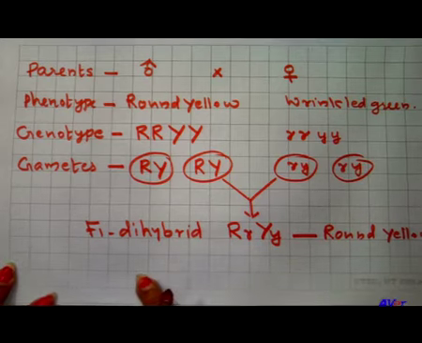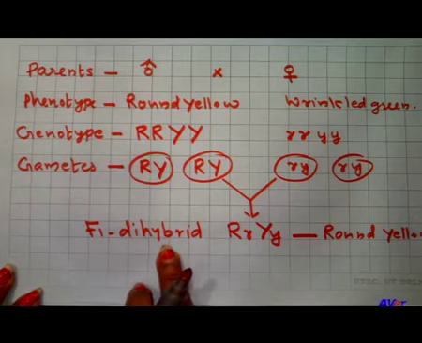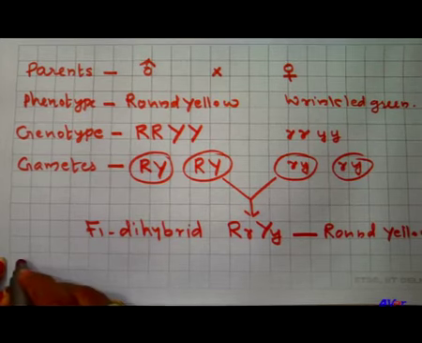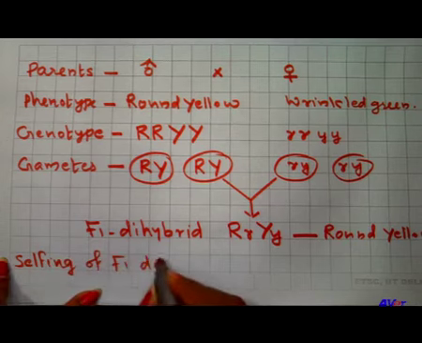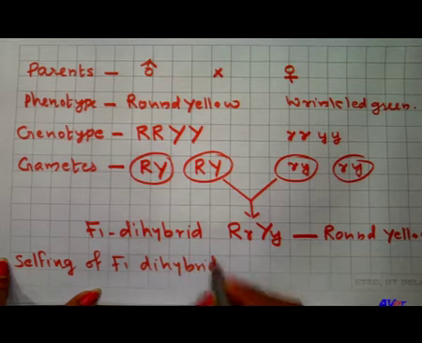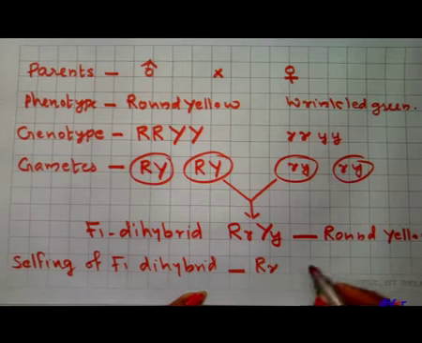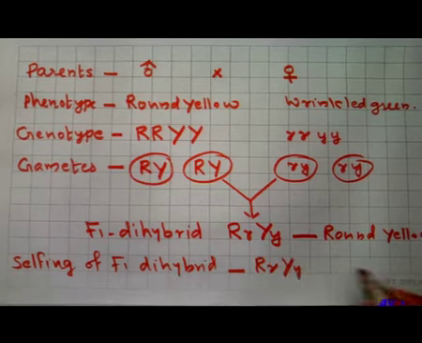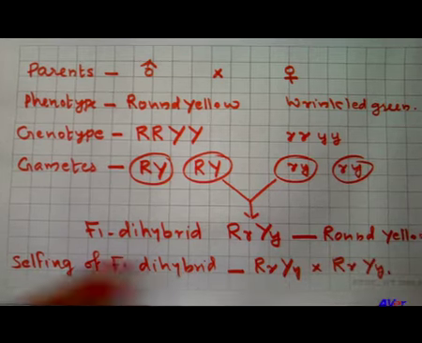Now, in the next step, there is the production of the F2 generation by selfing of this F1 dihybrid: capital R, small r, capital Y, small y, crossed with capital R, small r, capital Y, small y.